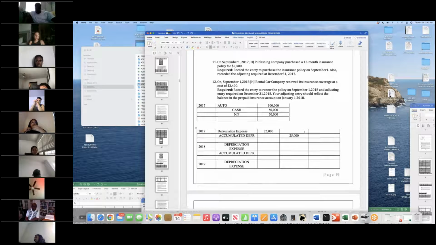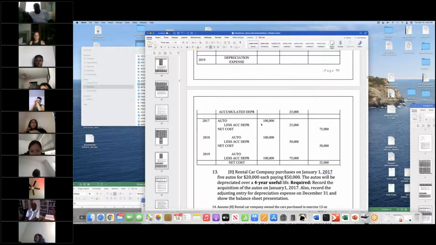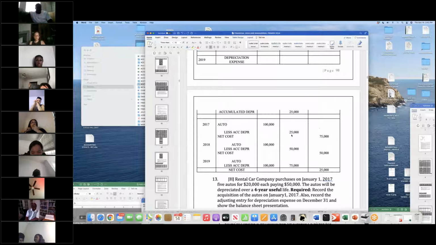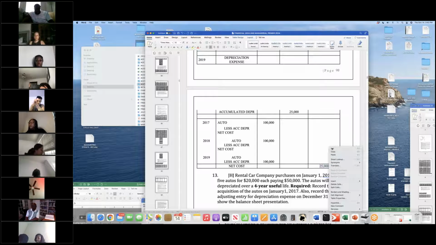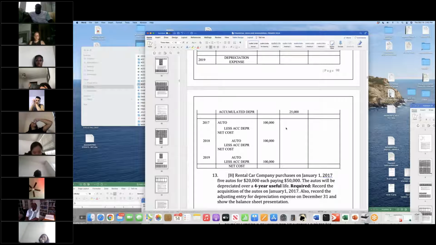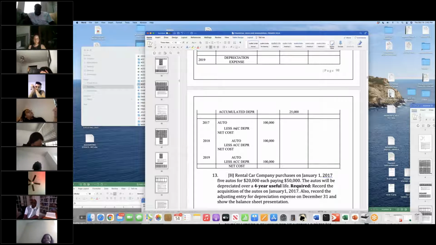So at the end of year 1, when we look at this asset, its original cost is 100. Because the asset is going to last more than a year, we always keep the original cost on the books and we just credit accumulated depreciation.